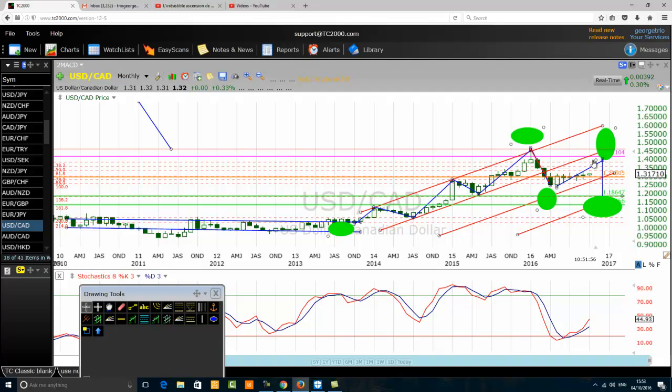That's the first forecast. So expectation that it may continue to go up to the 50% and 61.8% Fibonacci retracement level of the A part of the zigzag pattern. If it reaches that zone and people start selling, we will give priority to sell signal in that zone.